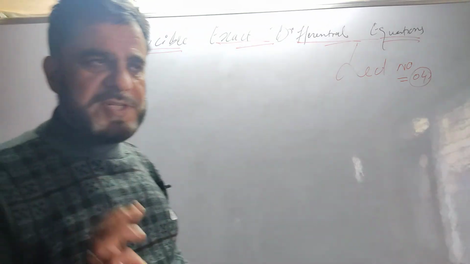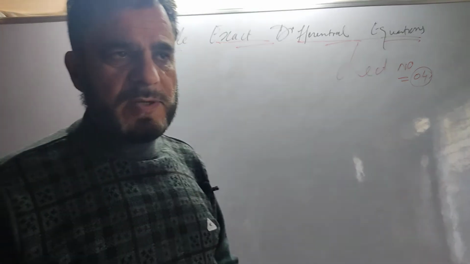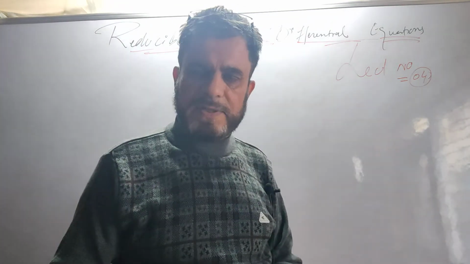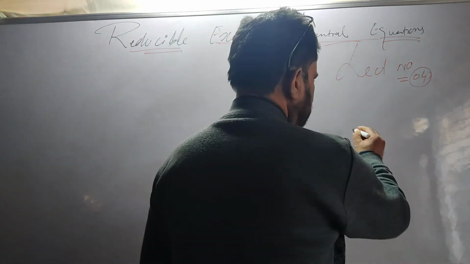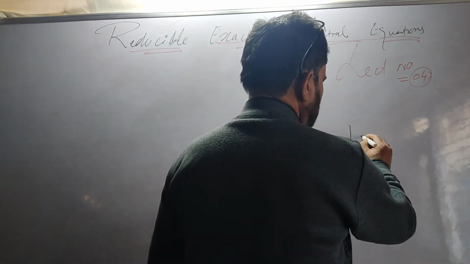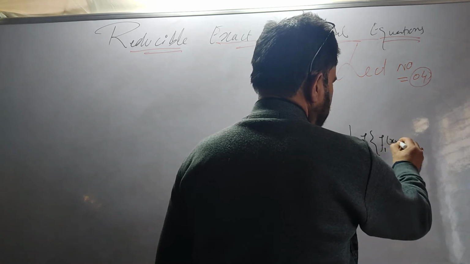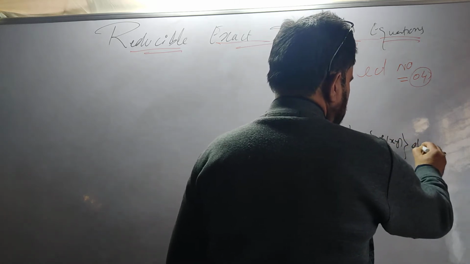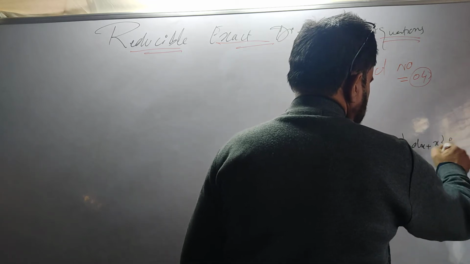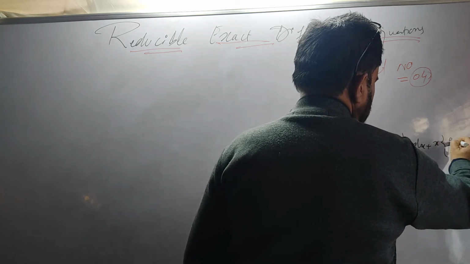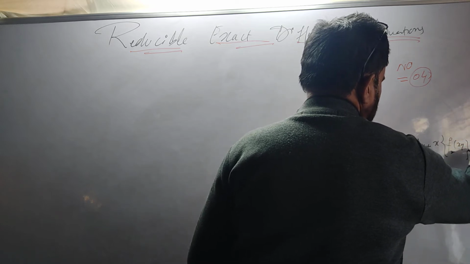Number 1 was the homogeneous rule. When M dx plus N dy is equal to 0 is homogeneous, then we find its integrating factor. Second was when you can write the differential equation like this: y times some function f1 of xy, dx, plus x times some function f2 of xy, dy is equal to 0.